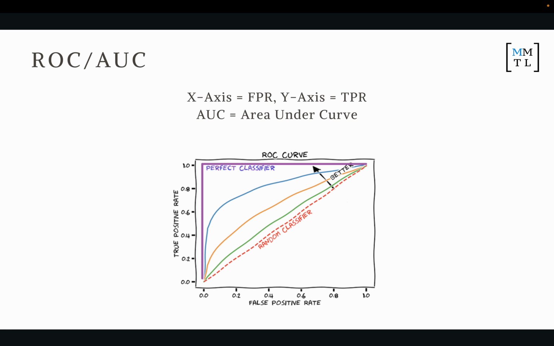That's how well a random guess does. Then this is better than a random guess, this is better, and this is what a perfect classifier looks like. How we record how well it does is the area under the curve. For a perfect classifier, the area under the curve is a square, 1 by 1, so a perfect ROC would be 1.